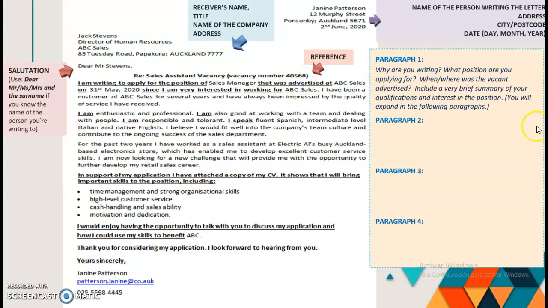So when writing the body of this letter, we should consider that it is divided into 4 paragraphs. In the first one, you should indicate the reason why you are writing and the position that you're applying for. "I'm writing to apply for the position of sales manager." When and where was this position advertised?